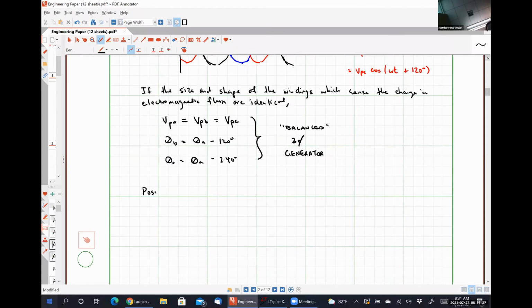So for a positive or ABC phase sequence, the RMS phasor voltage across the A phase of the load, VAN, will be given by VP angle 0 degrees, where in this case VP represents the RMS magnitude of our sinusoidal wave.